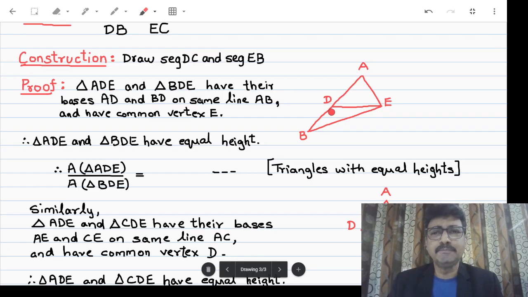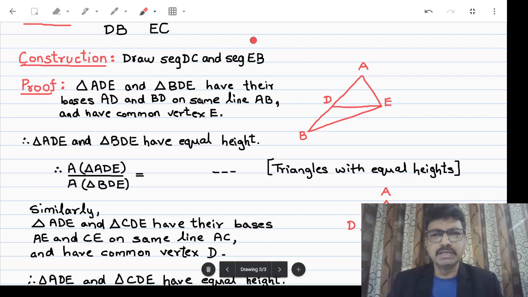If you observe, their sides AD and DB are on the same line, correct? A, D, B are collinear points. So AD and DB lie on the same line. And they also have a common vertex E, which means these are triangles having equal heights.